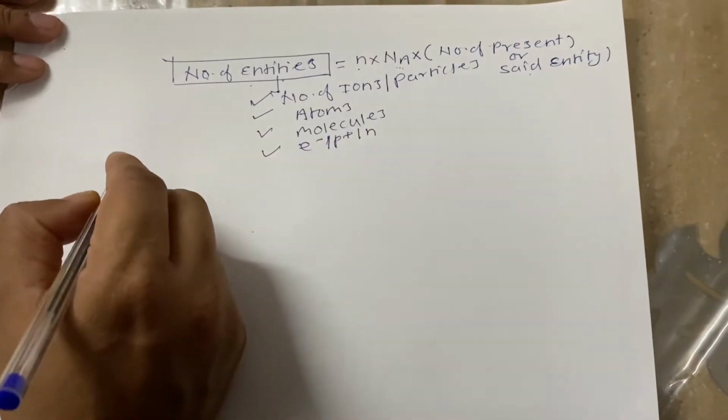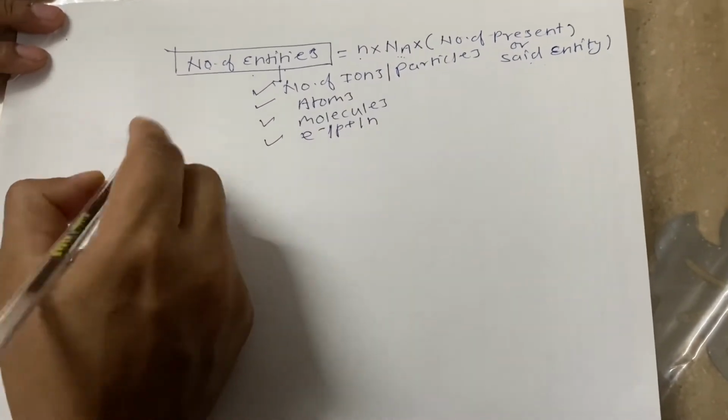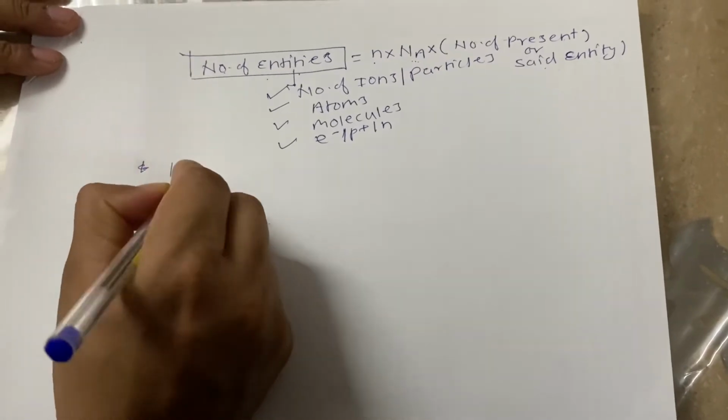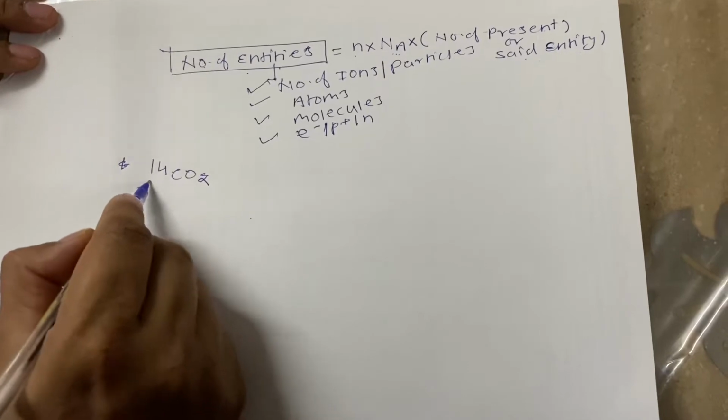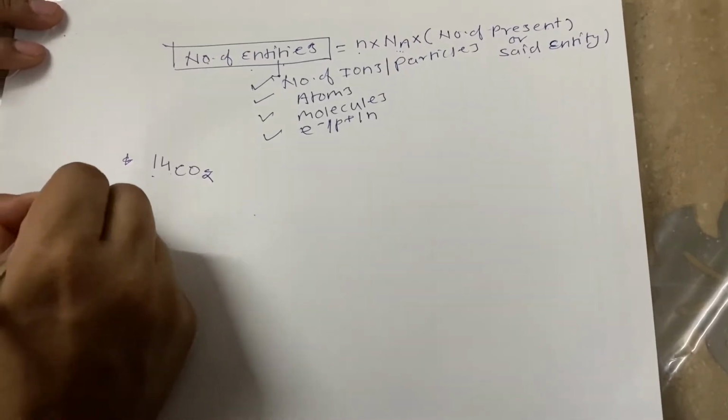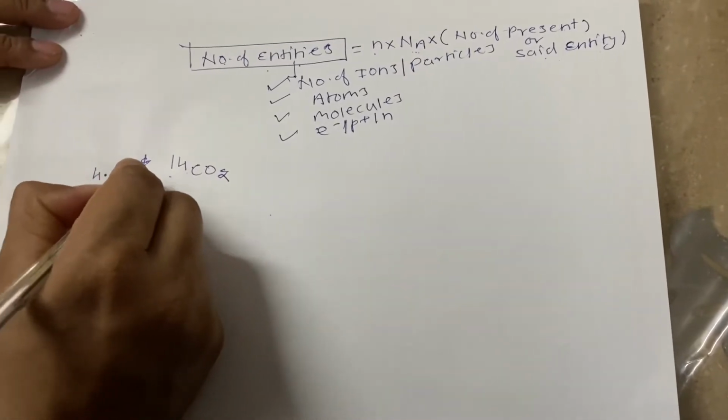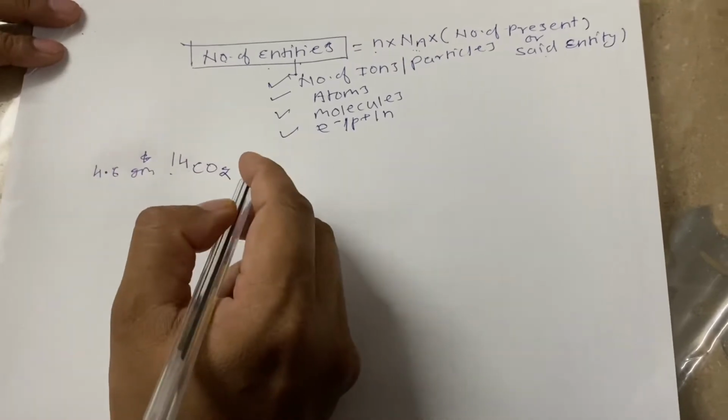Suppose you have been provided 14CO2, and 4.6 gram of 14CO2 is taken.